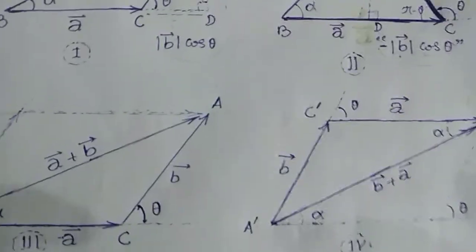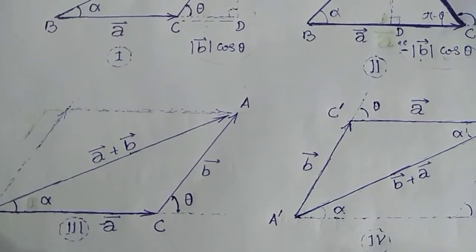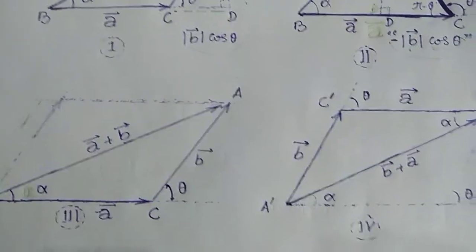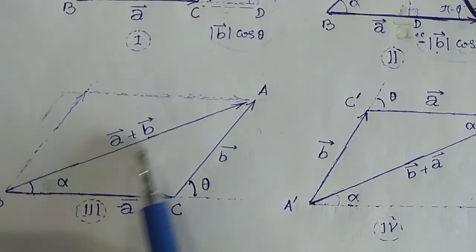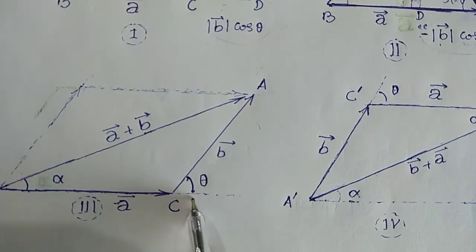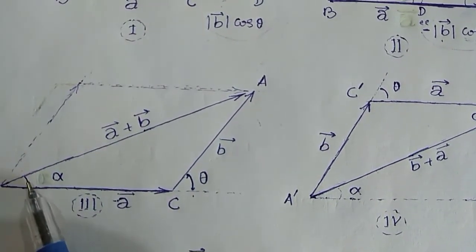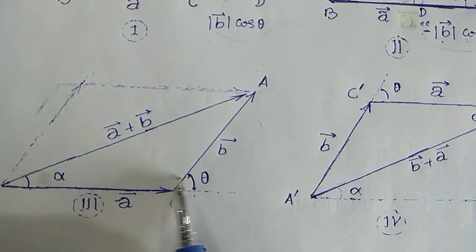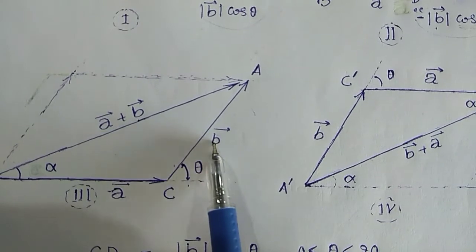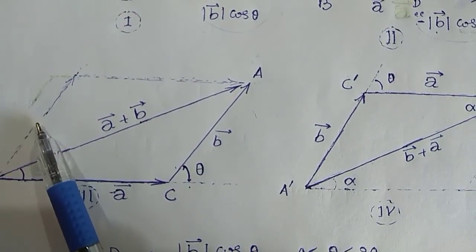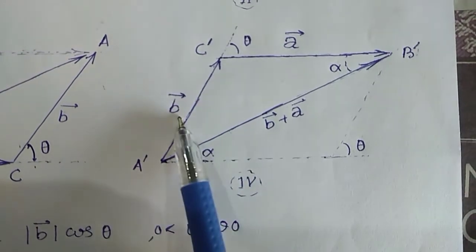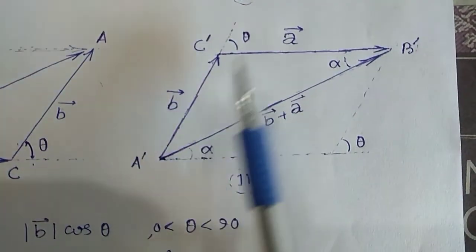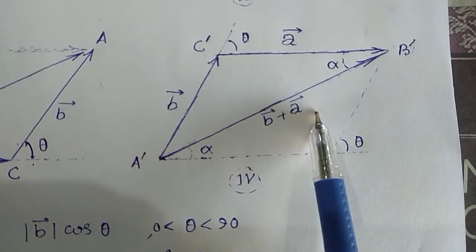Now on figures 3 and 4, if we add A and B, then the resultant will be this. Theta is the angle between vector A and B, and alpha is the angle between vector A plus B and vector A. If vector B is shifted here parallelly and A is here, we get a case as in figure 4. Here B is added to A, and B plus A, the resultant is the same thing.